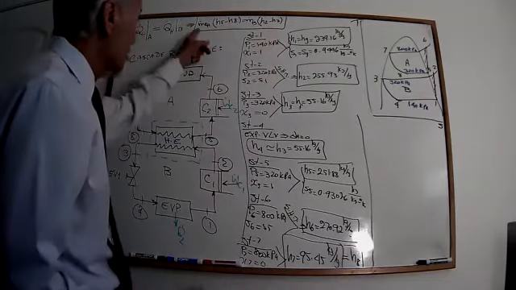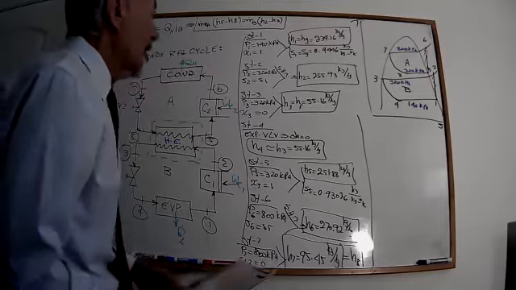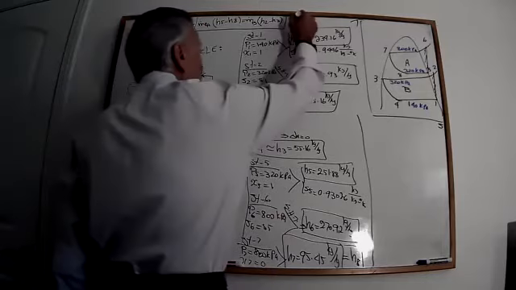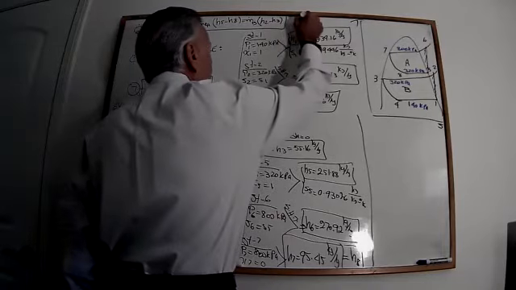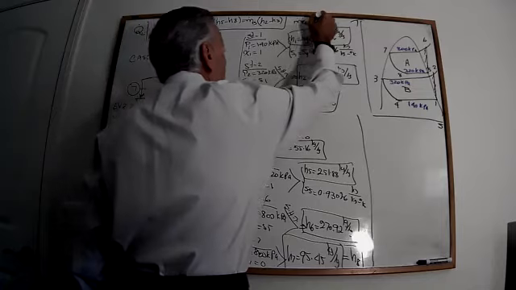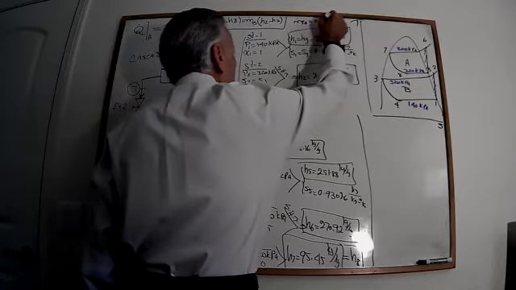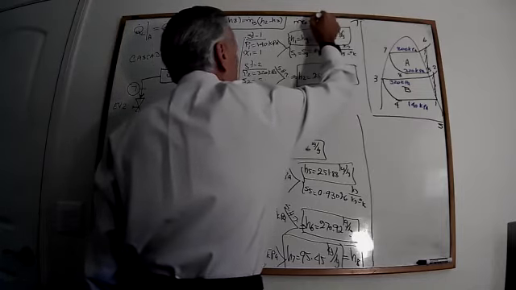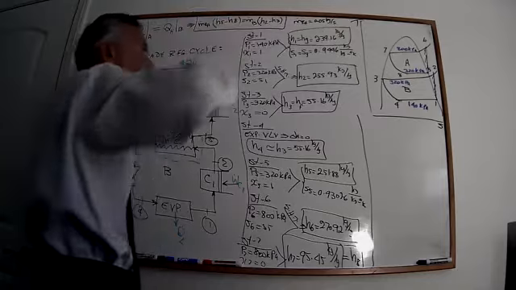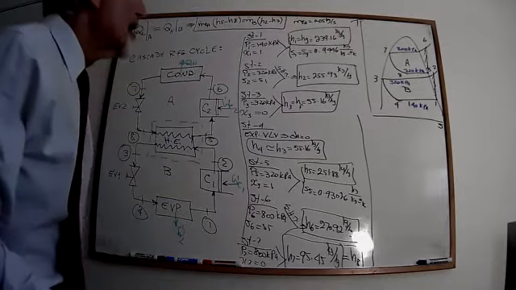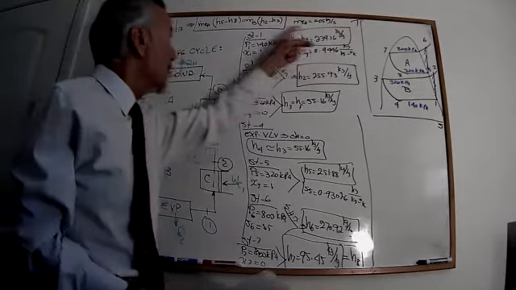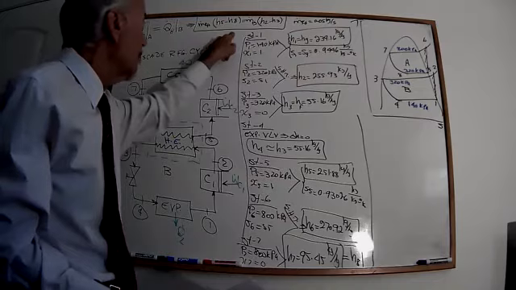The mass of refrigerant A was given, it's 0.05 kilogram per second. Since I have that, I look at this relationship.